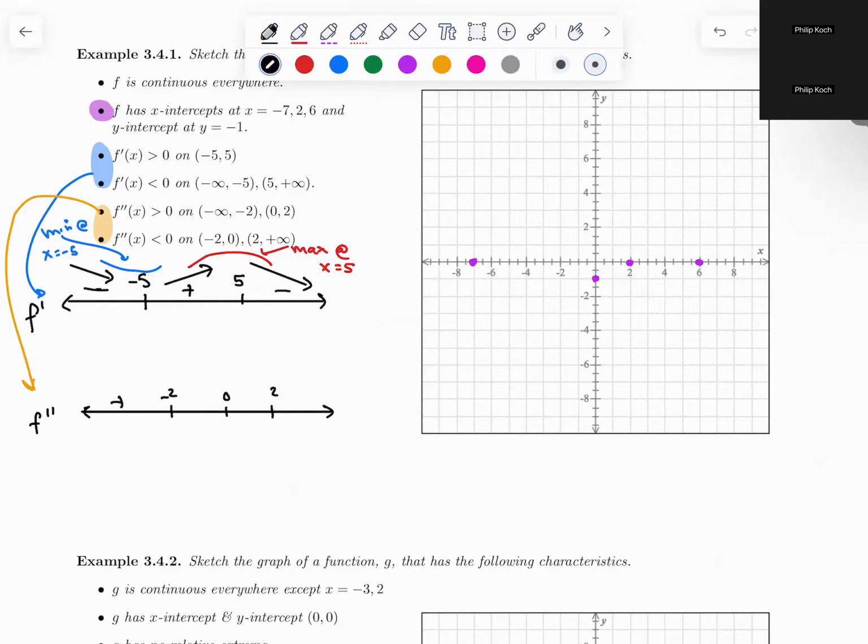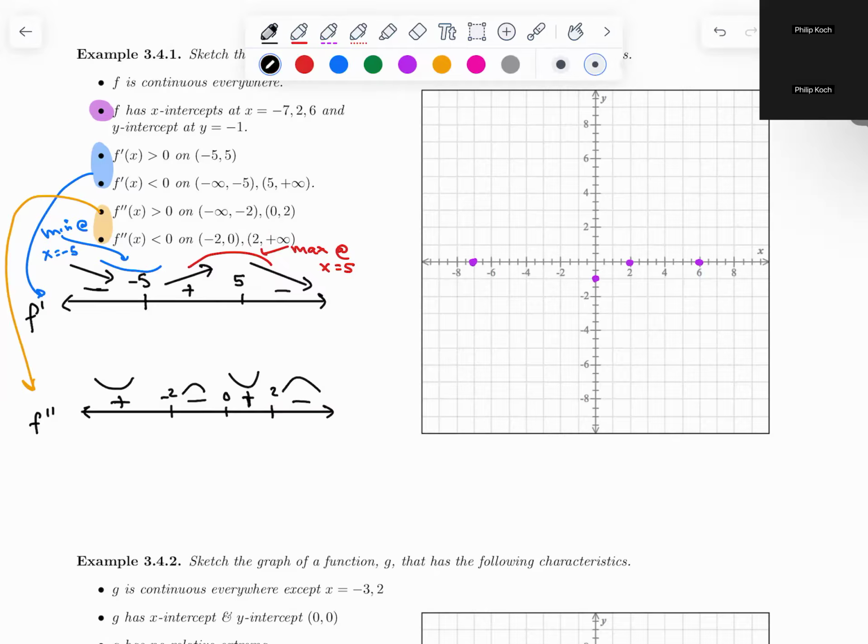So on this first piece, it's concave up. And then from 0 to 2, it's also concave up. Then from -2 to 0, it's concave down. You've got that frown. And then from 2 to positive infinity, it's going to be concave down as well.